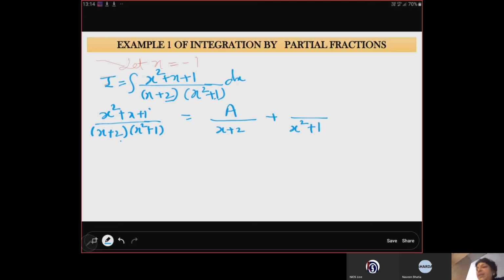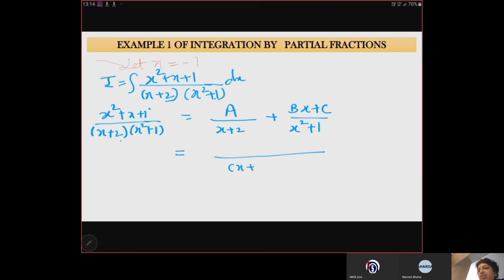Now, x squared plus 1 is a quadratic, so the numerator has to be linear. What do we mean by linear? A polynomial with an x term and a constant. So we write it as bx plus c. Right? A common denominator, x plus 2 into x squared plus 1.